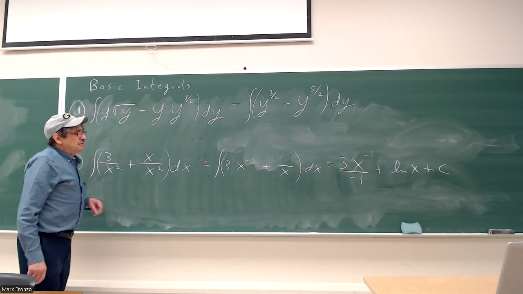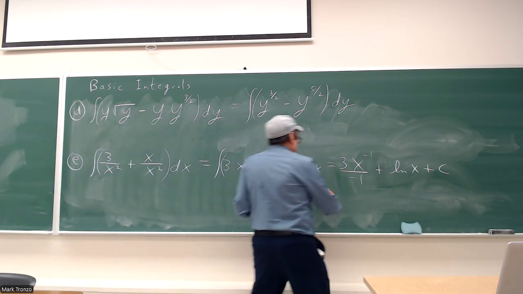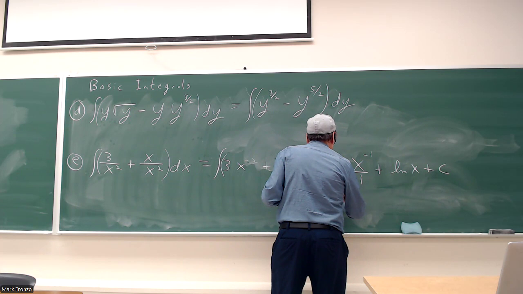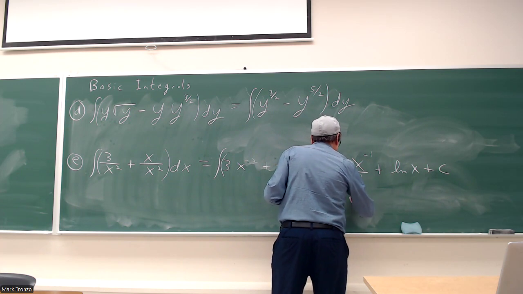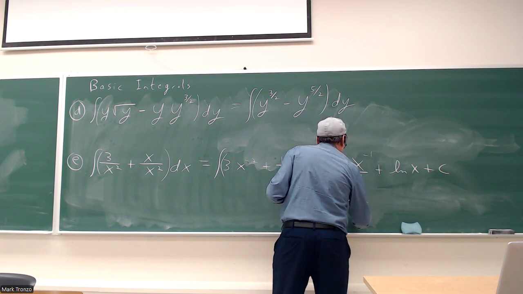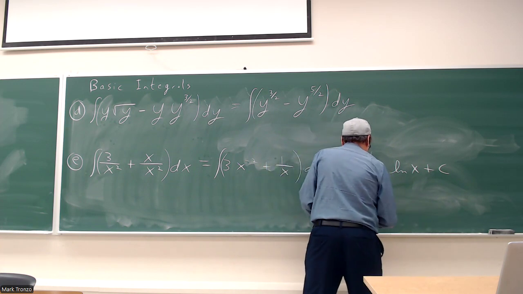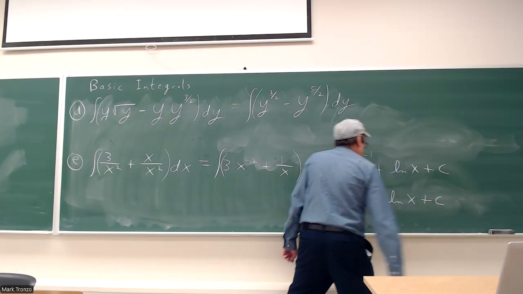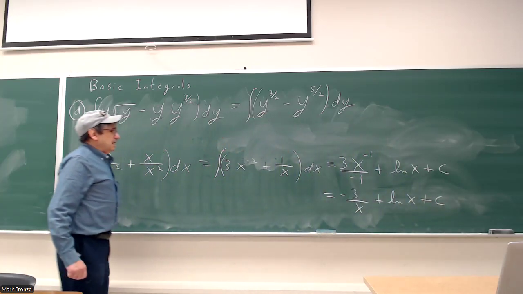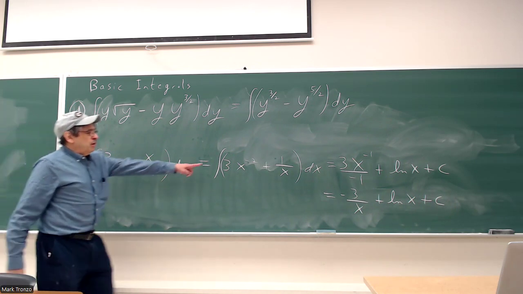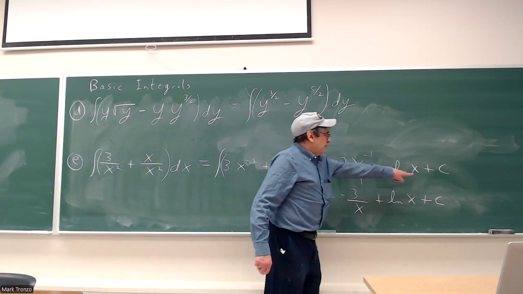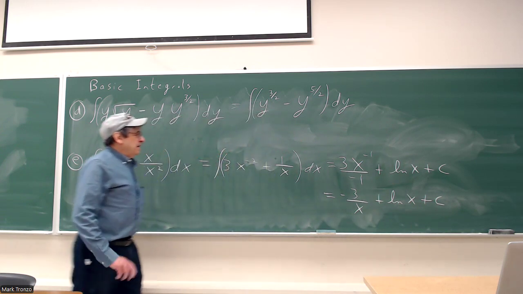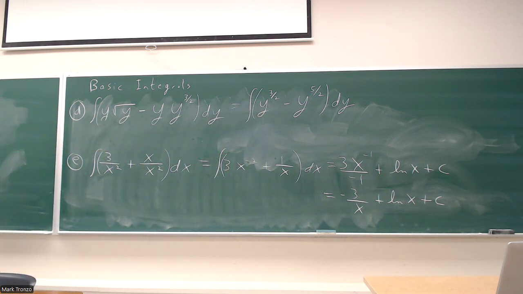And finally, if you maybe want to make this look a little bit nicer, again, the integral of 1/x is the natural log of x. So that's where that comes from. If you haven't seen that yet, that's okay. Don't worry about that. You'll see that in Calc 2.